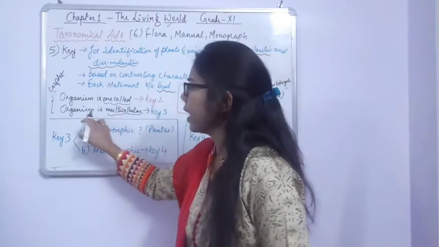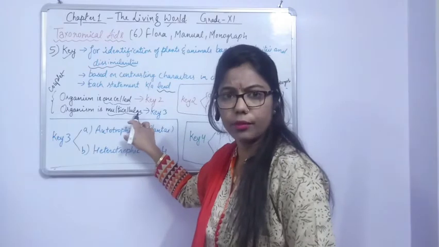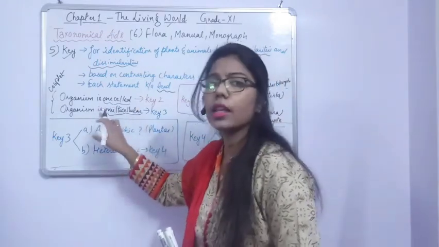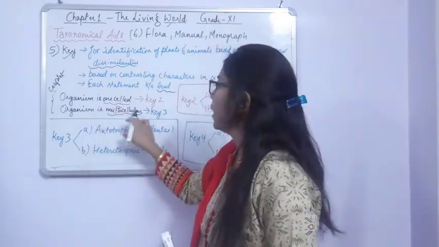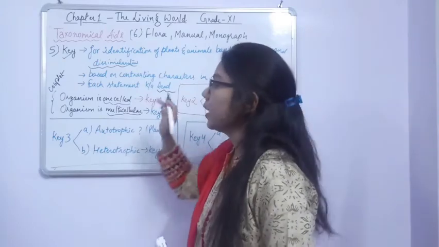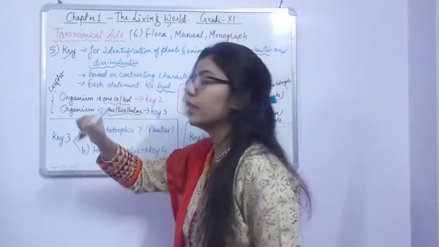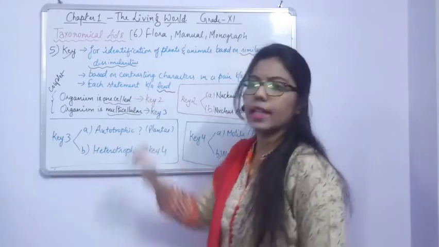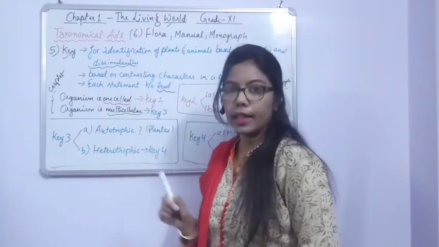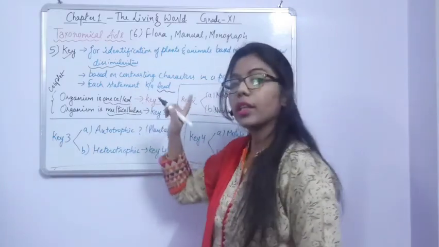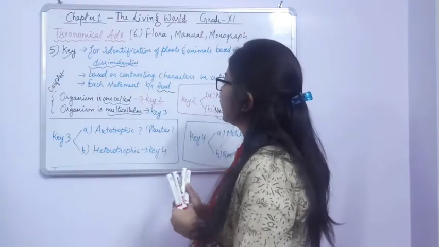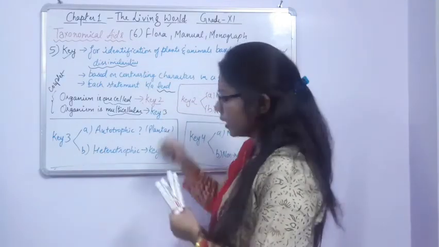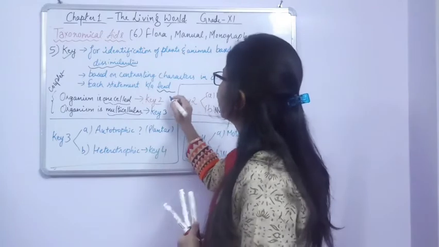And if you are selecting that the organism is multicellular, if you are observing the characteristics of a multicellular organism, then you have to go for key 3. Now I am assuming the first condition, the organism is one cell. So the answer I am getting here says go to key number 2. Every key, key 2, key 3, these are the leads. What will you say? Lead.